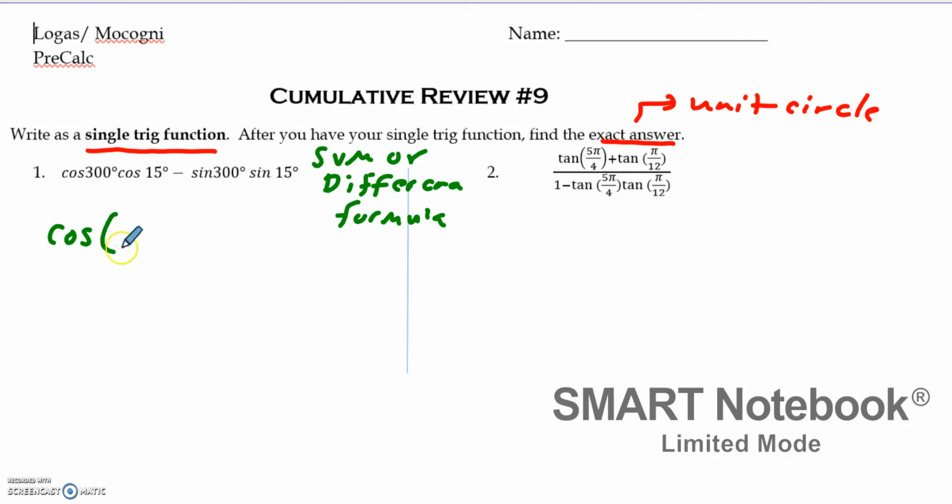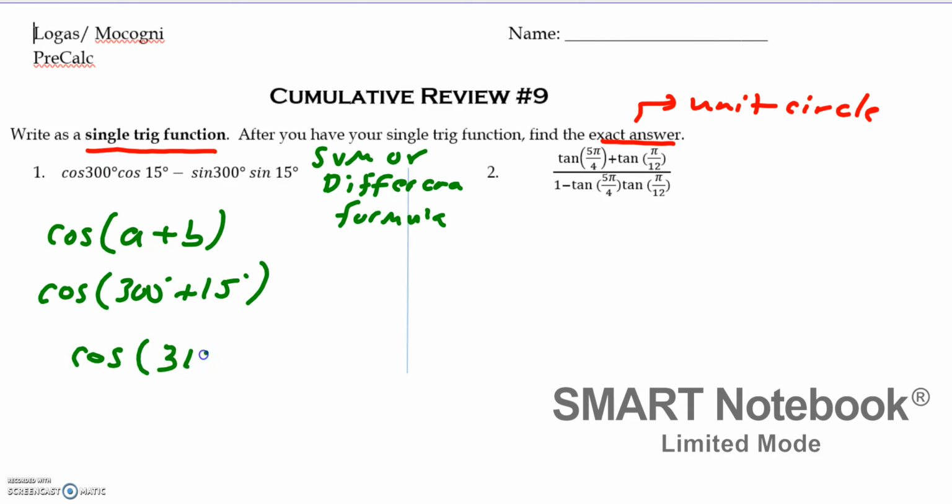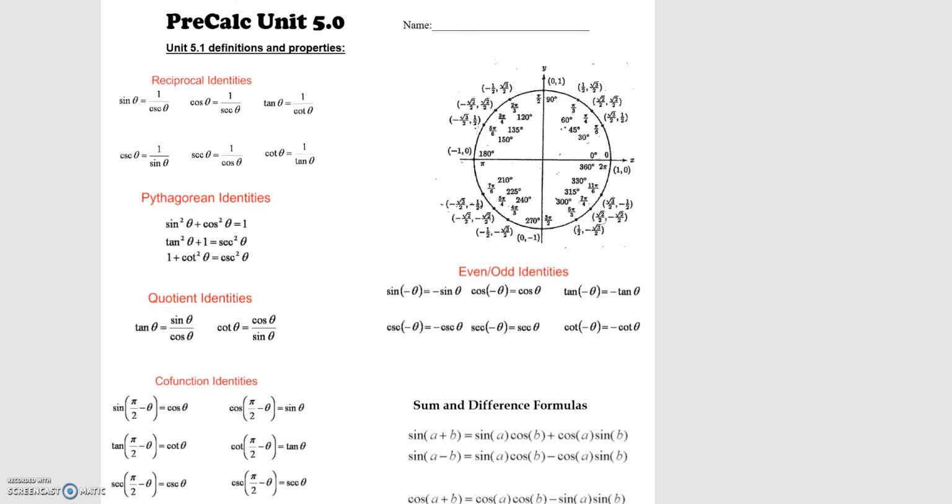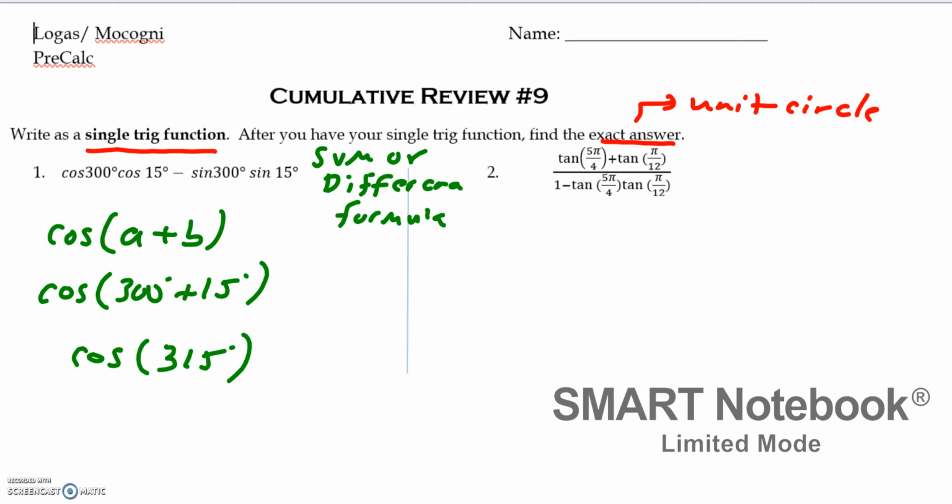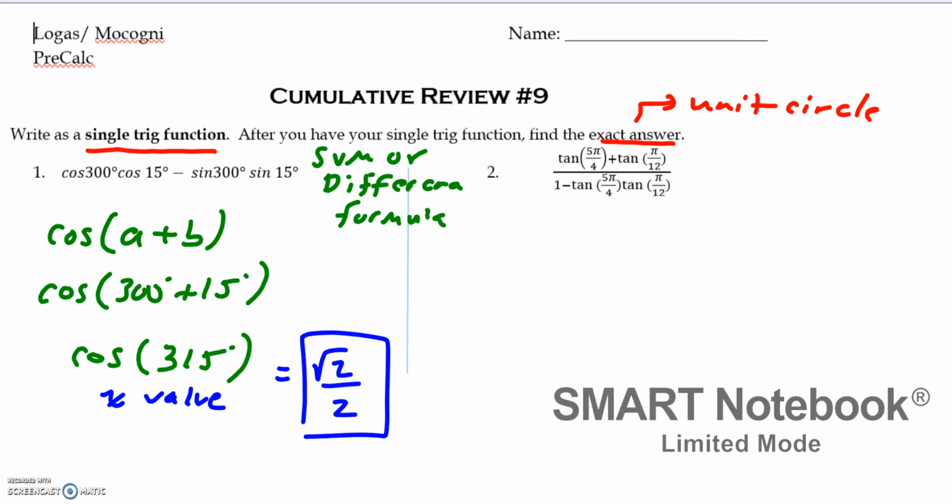This is really the same as cosine of a plus b, which is cosine of 300 degrees plus 15 degrees, because a would be 300 and b would be 15, which is cosine of 315 degrees. 315 degrees is on the unit circle right here, and we are looking for the cosine, or the x value, at 315 or 7 pi over 4. The x value is positive root 2 over 2.